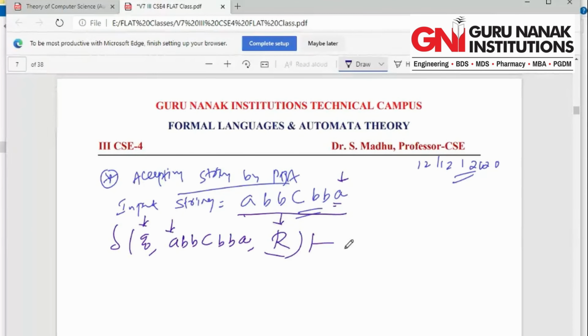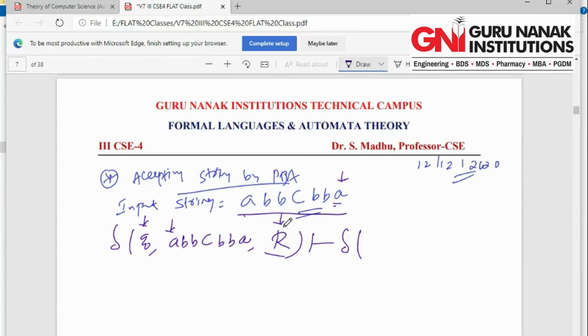Then which rule can be applied here? Is A R. The default rule is inserting. The next state is only Q naught.